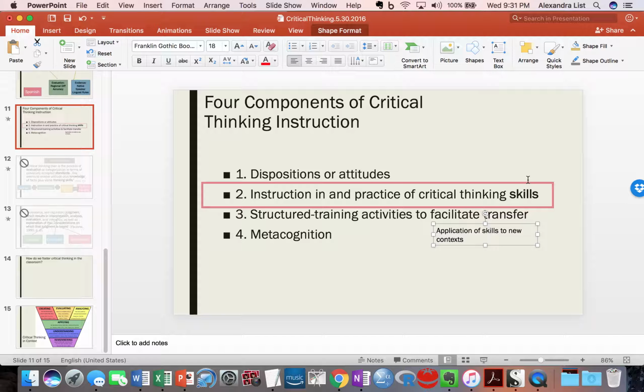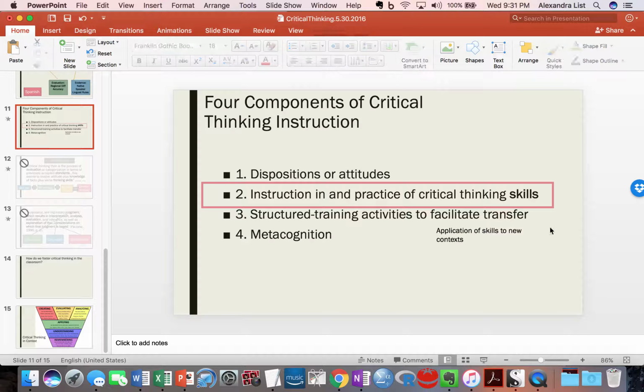Step two is really developing those skills, teaching students explicitly how to evaluate hypotheses, how to think about correlation and causation, how to think about claims and evidence, how to think about the representativeness of a sample. So we're actually teaching concrete skills. But as we talked about a few times in class, transfer is not automatic for students. Students don't automatically apply their skills to new contexts.